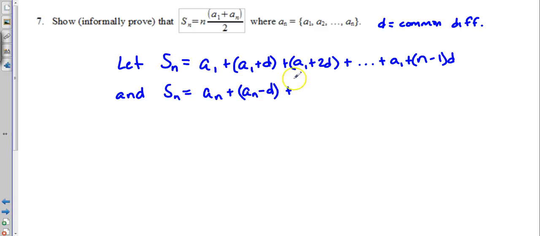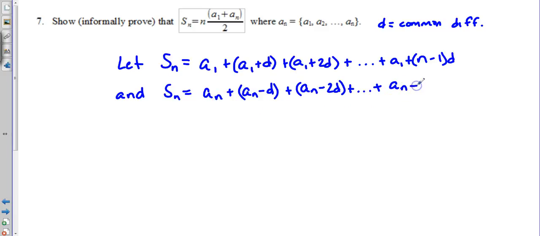And then we're going to add the next term, which we know is the third to last term. Again, to get from the last term down to one term before that, and then down to another term before that, we need to subtract two common differences to get to the third to last term. And so similarly, we can define the nth term. We get all the way down to the last term. That last term is going to be a sub n, and we're writing all of these in terms of a sub n.